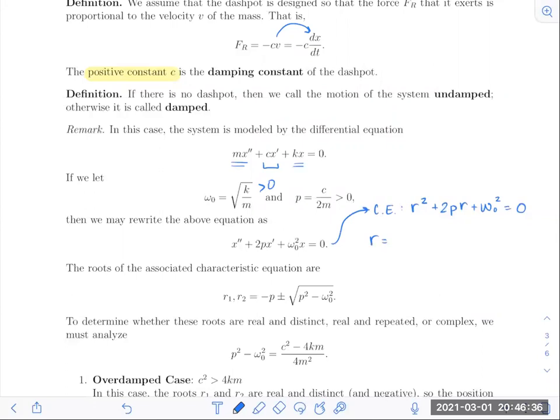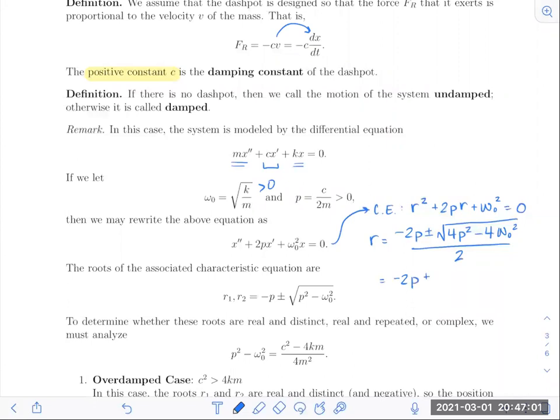r equals negative b plus or minus the radical of b squared, which is going to be 4p squared, minus 4ac, all over 2a. I see within that square root that I can factor out a 4.